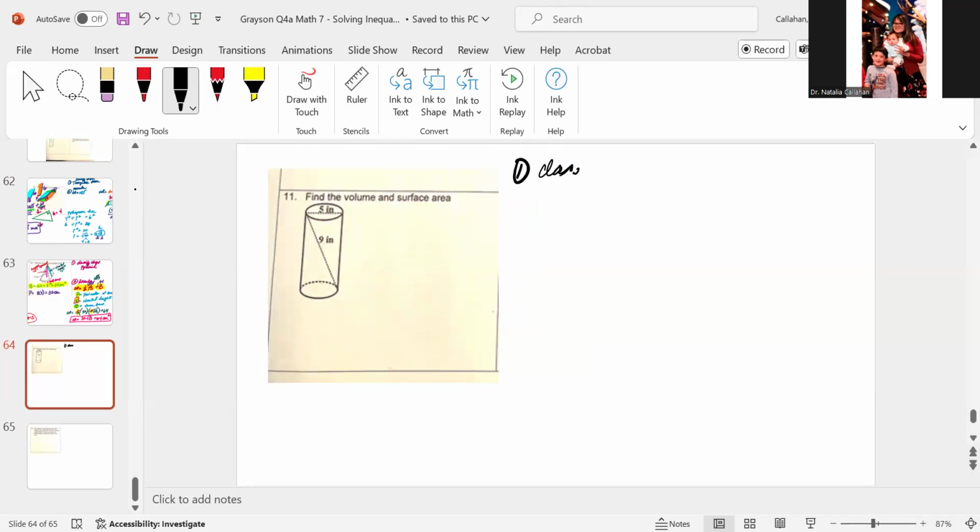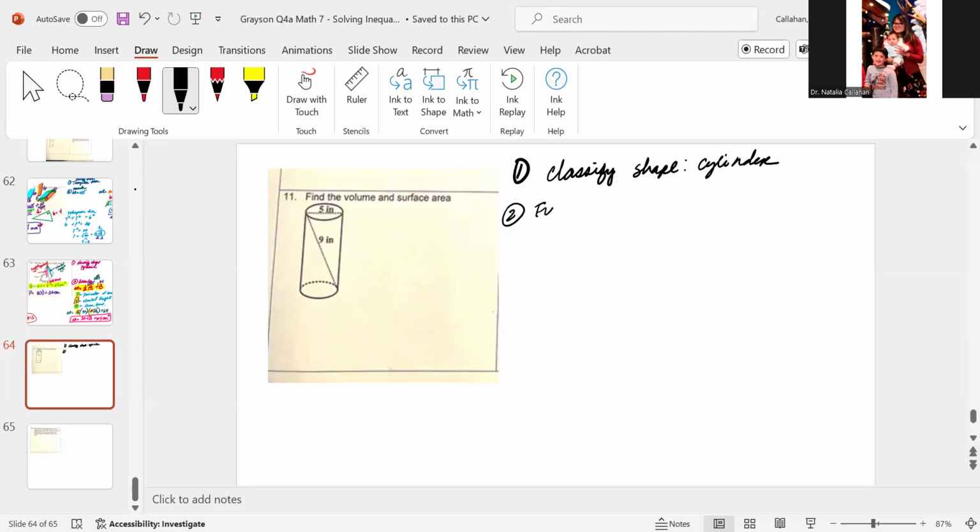I'm going to have like 5 different ones here. We're going to go over all of them this weekend. The shape is a cylinder, correct?